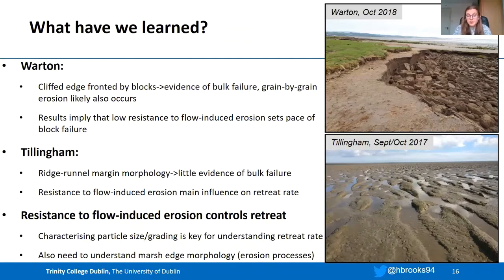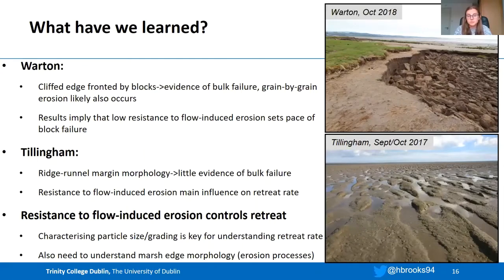So here the resistance to grain by grain erosion was low, but the resistance to bulk failure was really quite high. Given the rapid retreat rate at Wharton, this implies that the low resistance to grain by grain erosion might be setting the pace of block failure, and therefore the pace of retreat of the marsh.